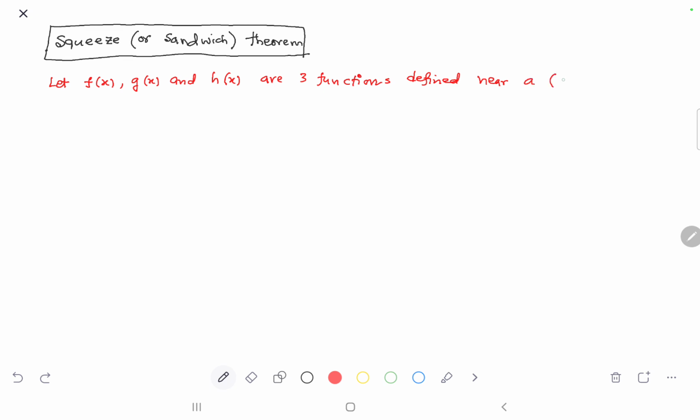So a can be infinity or minus infinity. So let me include it like this: near a, in between minus infinity and infinity. It can be infinity, so I make a closed parenthesis here. Okay, Mayan?